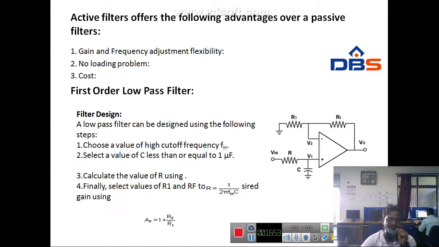Then calculate the value of R, which is equal to 1 by 2 pi FH C. Finally, select R1 and RF values based on the gain, AF equal to 1 plus RF by R1, which is the gain of a non-inverting amplifier. By using this procedure, we design a first order low pass filter.